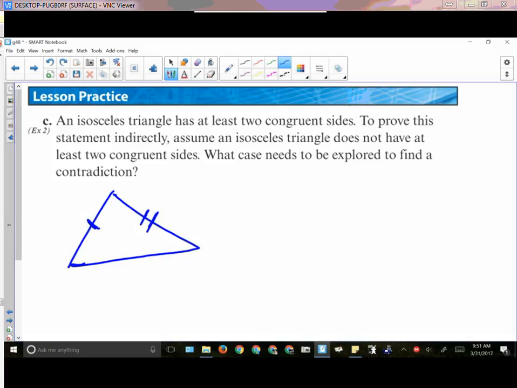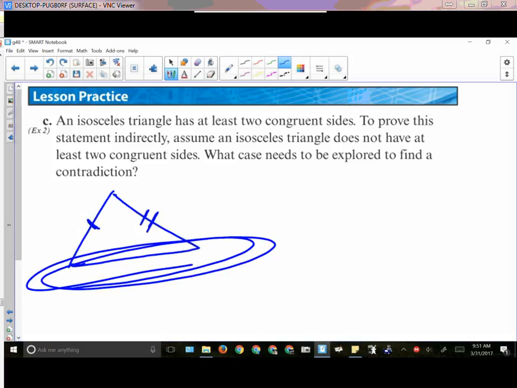So to prove this statement indirectly, assume an isosceles triangle does not have two congruent sides. So we did that. What do I have to look at? Do I know anything about this side yet? No. Could it be congruent to one of the other two sides? So if I were to put that in, I've got the marks on there, 1, 2, and 3.